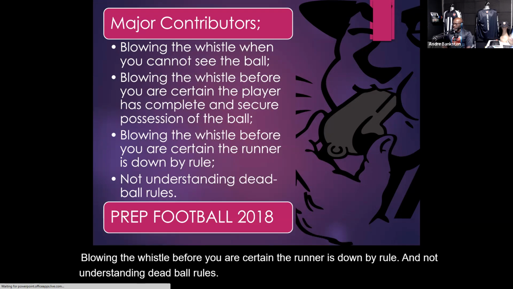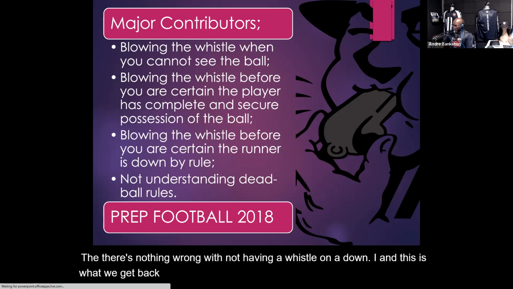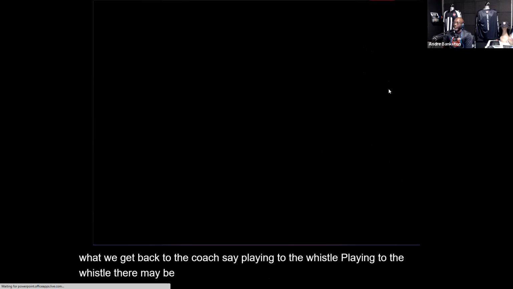So there's nothing wrong with not having a whistle on a down. This gets back to what the coach says: playing to the whistle. There may be times when there will not be a whistle.